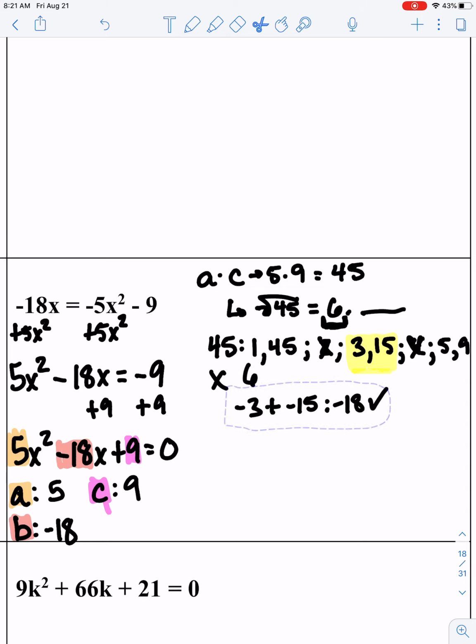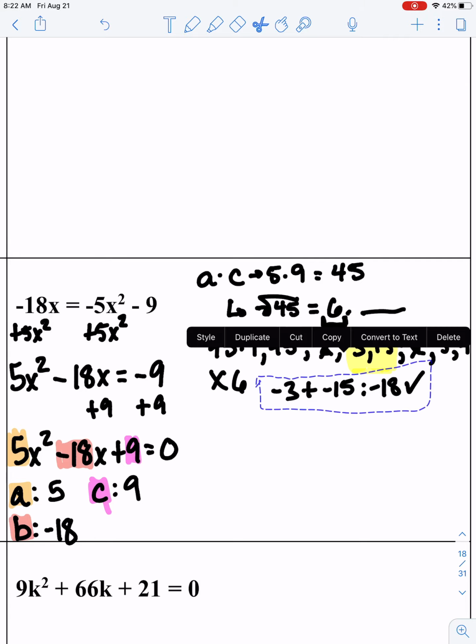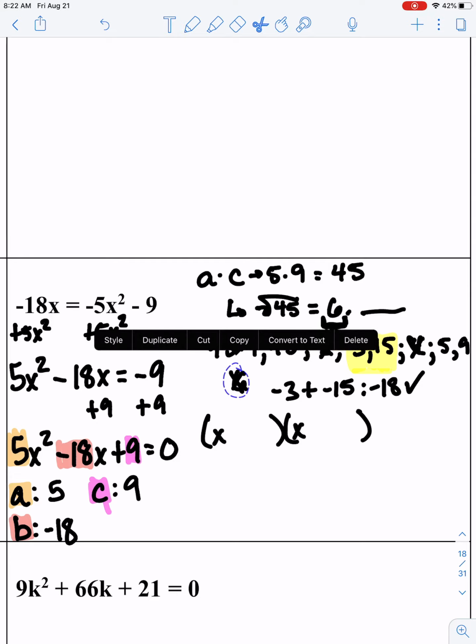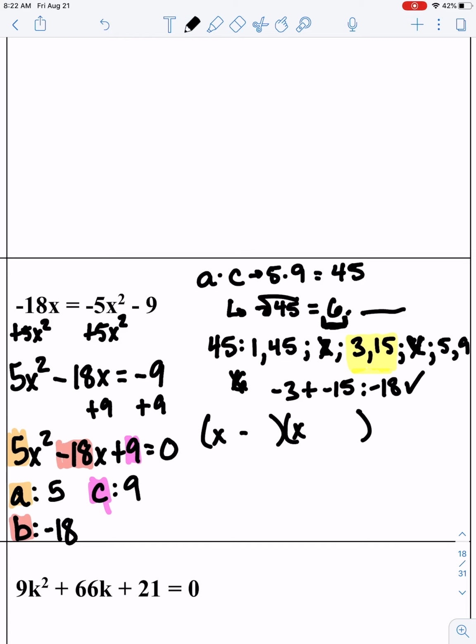So then, since I've found my two factors, I'm going to set up two sets of parentheses. My variable this time was x. Then I said minus 3 was a factor, and then minus 15. Now my divide step.